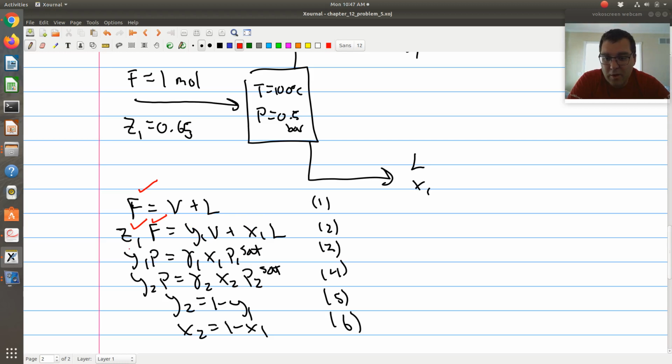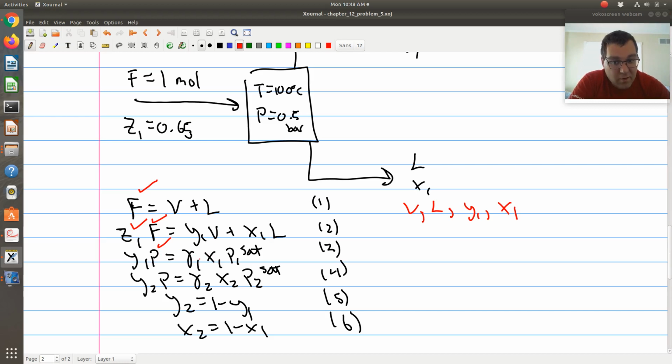Going on to equation 3, P, I know P, it's 0.5 bars. So we said V and L are unknown, and then we added Y1 and X1 in equation 2. So in equation 3, I know P, I don't know X1, so we already accounted for that.